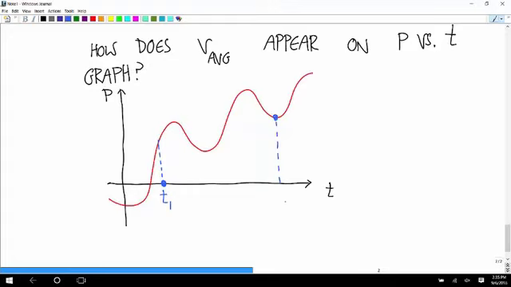This is T2. And that means that this is the position at T1. I'll call that P1. And this is the position at T2. That's P2.